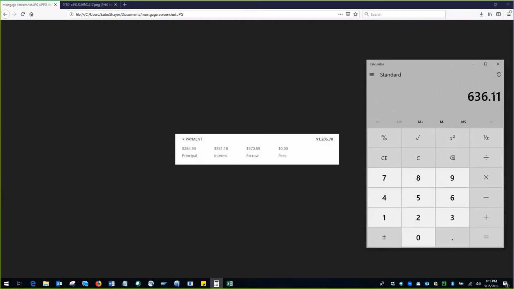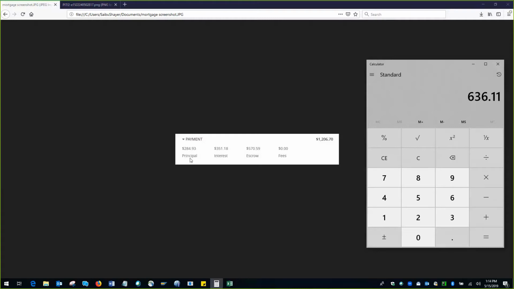That amount, the addition of the principal and the interest, will not change for the entire life of the loan, whether you have a 5-year loan or a 15-year loan or a 30-year loan.